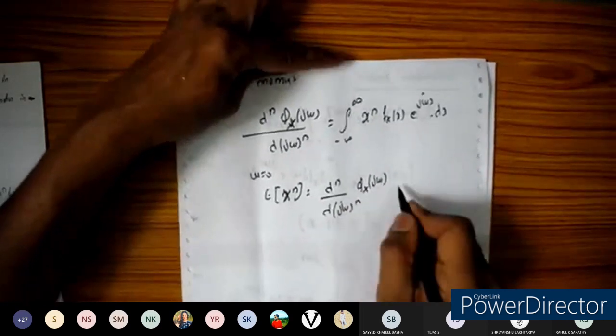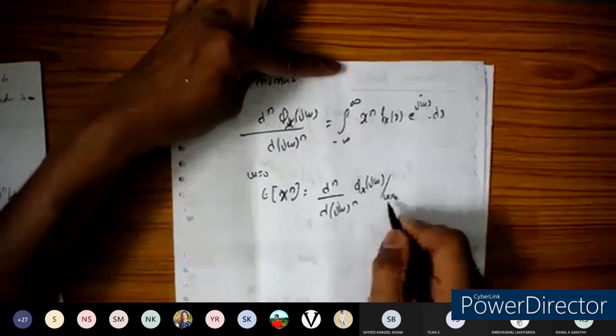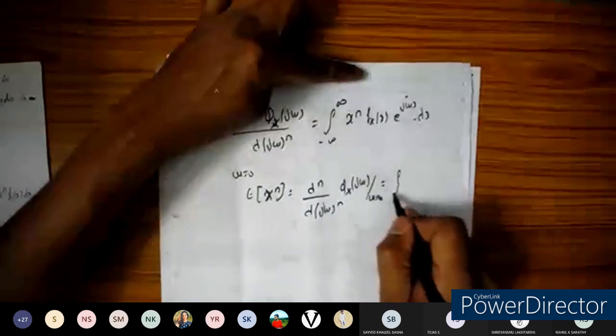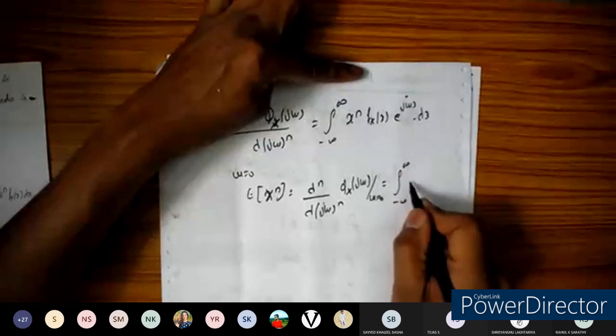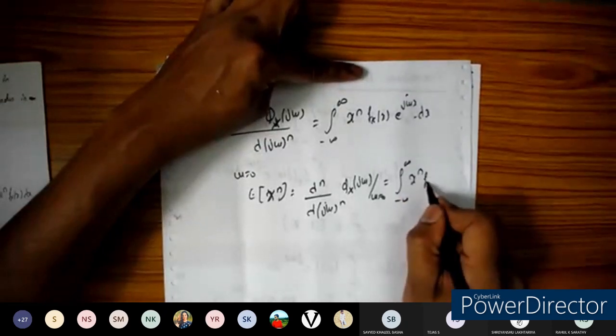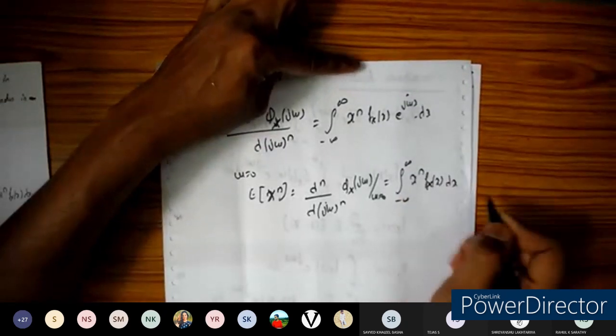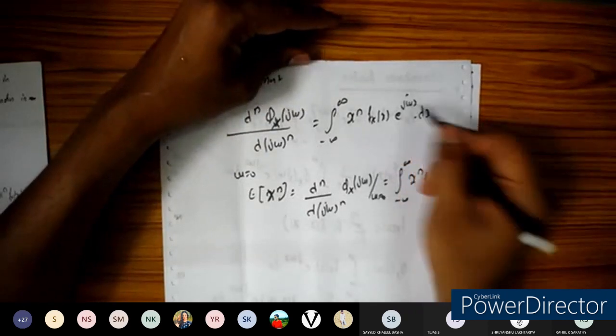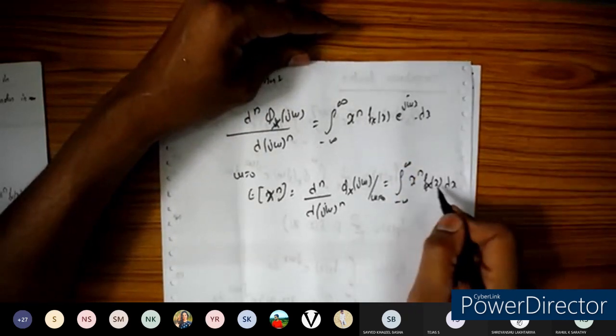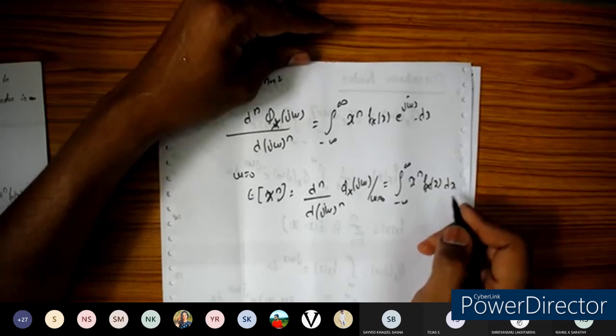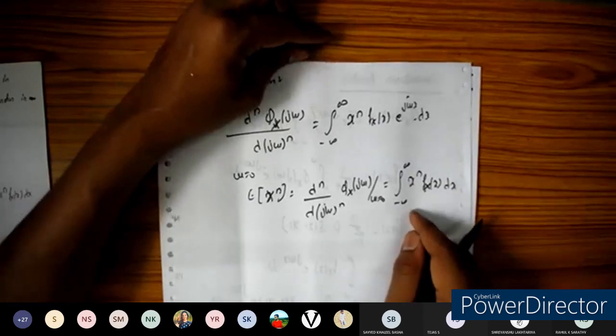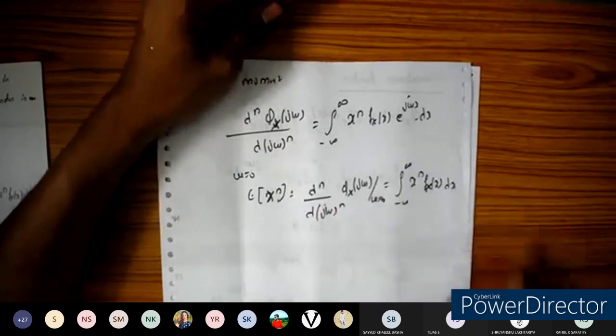These are some different kinds of functions we are going to consider. I will tell the application later, where we will use this. So f_X(x) into dx will come here. Substituting omega equal to 0, this will become x to the power of n into f_X(x) into dx. This is the nth moment of the characteristic function by setting omega equal to 0.